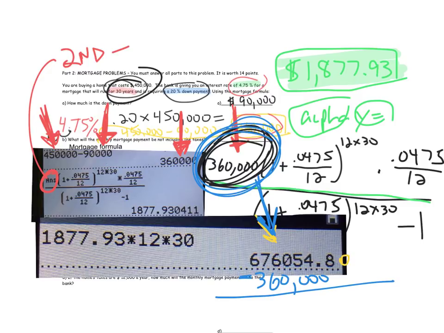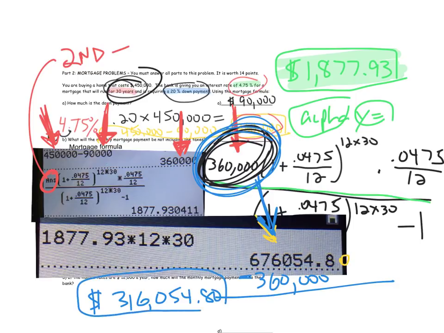So in this case, you're paying in interest $316,054.80. So to figure out the interest, you take your monthly payment, multiply it by 12 since you make monthly payments, and then by 30 since it's 30 years, and then you subtract the M, how much money you are mortgaging. So this is how much in interest you pay the bank back.